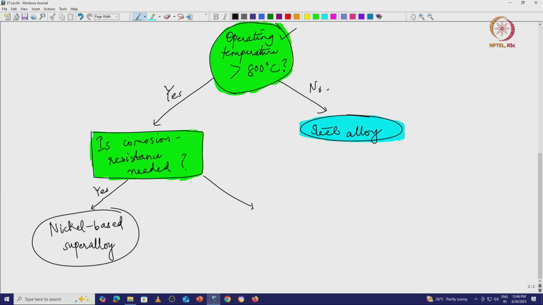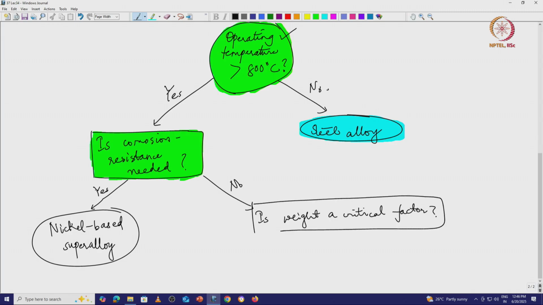If it is no, then we ask the question: is weight a critical factor? Again the answer can be a yes or a no. For a yes, we need a light material, so a titanium alloy, and if weight is not a problem, then you go for, let us say, cast iron.